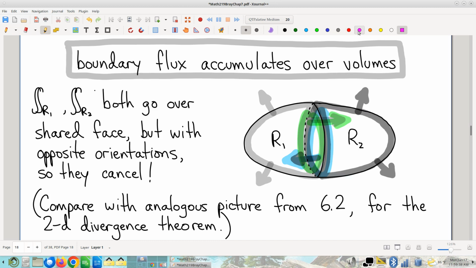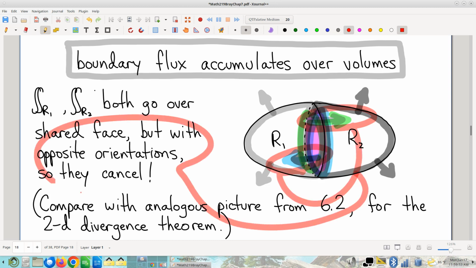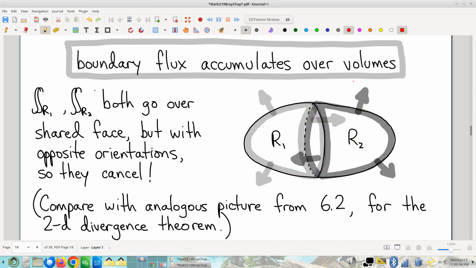Well, that is two fluxes, both computed on that same shared face, one oriented one way, the other oriented the other way. Same integral, opposite orientations, they cancel, and once they cancel, there's nothing left. The whole is indeed the sum of the parts.